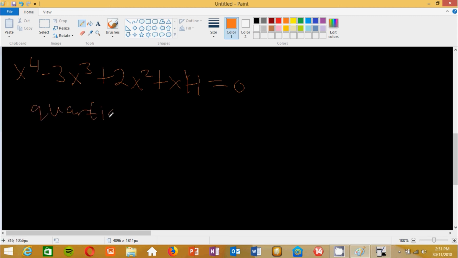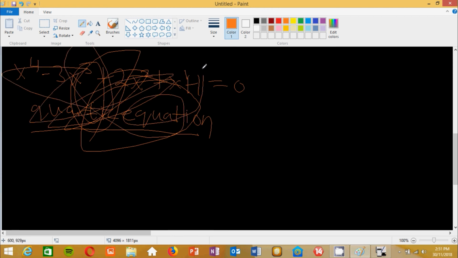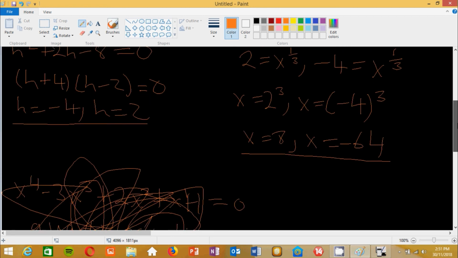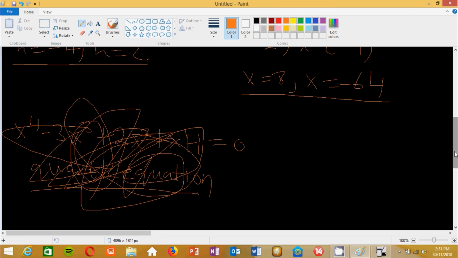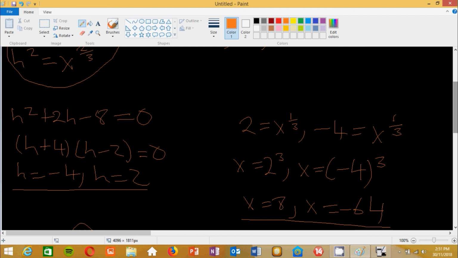Totally not necessary for you, it's a bit higher level. You can't solve this at all. It's not a disguised quadratic equation. You can't apply these basic principles to these particular equations. So not all equations are going to be disguised quadratic equations.